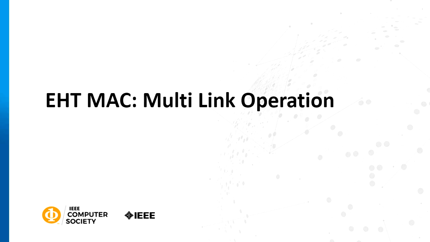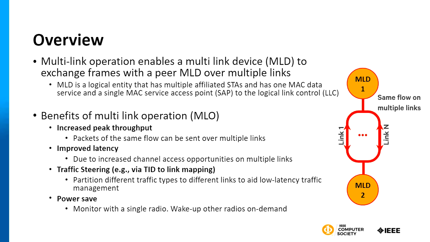So moving to MAC, one of the signature features, if you will, for 11BE was multi-link operation, essentially enablement of transmitting frames over multiple links. And to enable that mode, the group defined an entity which is called a multi-link device.